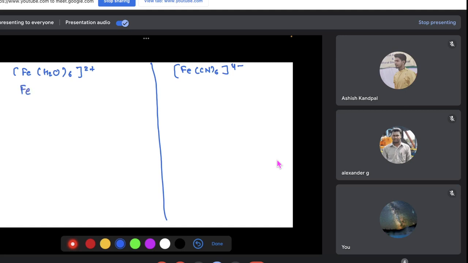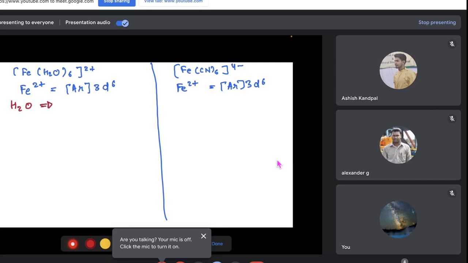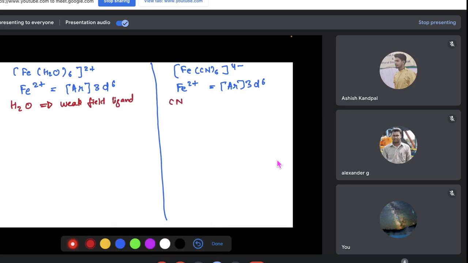In both complexes I have Fe2 plus, so my electronic configuration becomes 3d6, and here also it is 3d6. You can note that H2O here will act as a weak field ligand, and here CN negative will act as a strong field ligand.